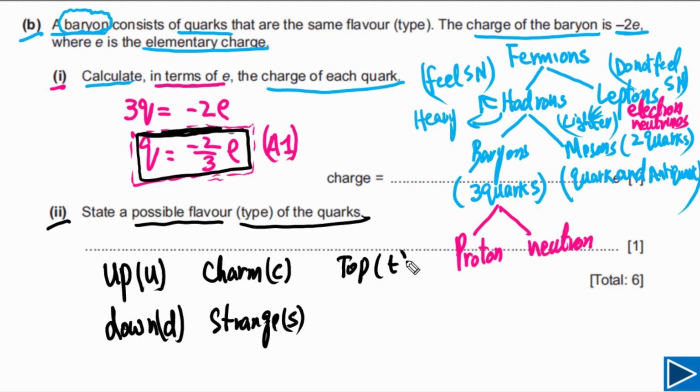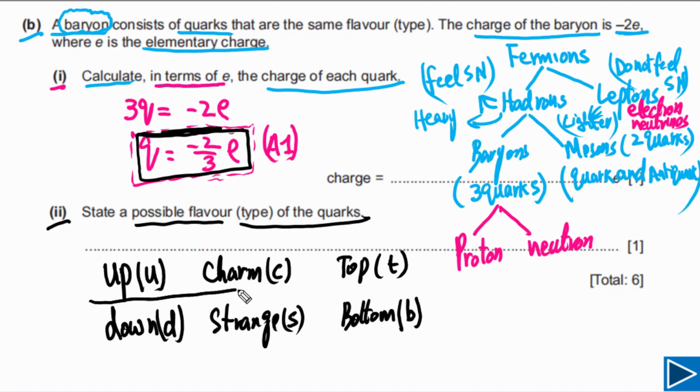The symbol for this one is small t. First we discover up and down quark, which belong to the first generation. Then charm and strange quark, the second generation. Top and bottom were discovered at the end, so they belong to the third generation. The symbol for the bottom quark is b.